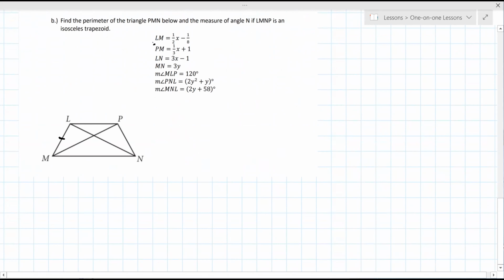Multiply everything by 3 and we get x plus 3 equals 9x minus 3. Yes, 9x minus 3. So you actually get 3/4. So you just check that. Yeah, that does work.